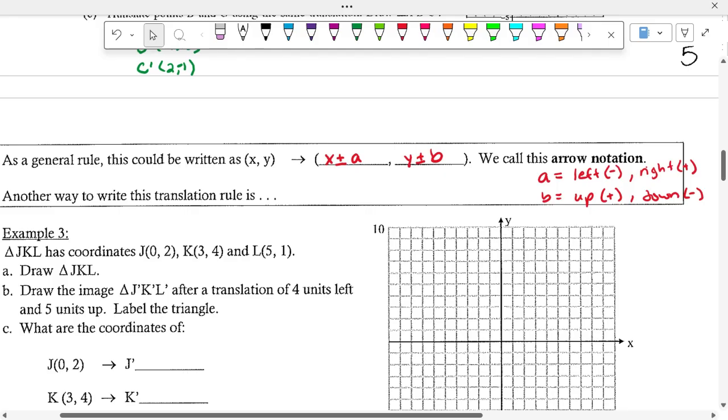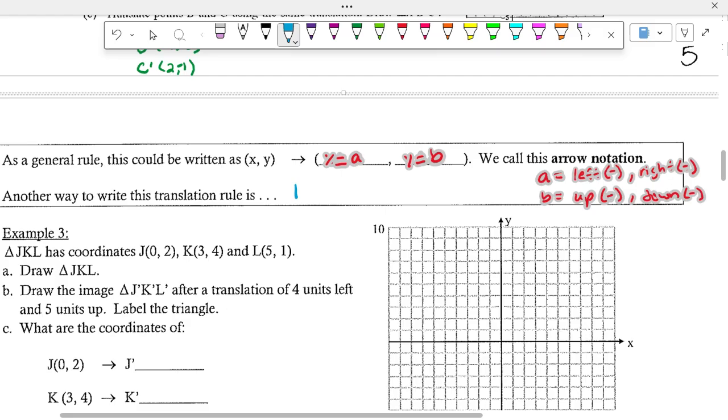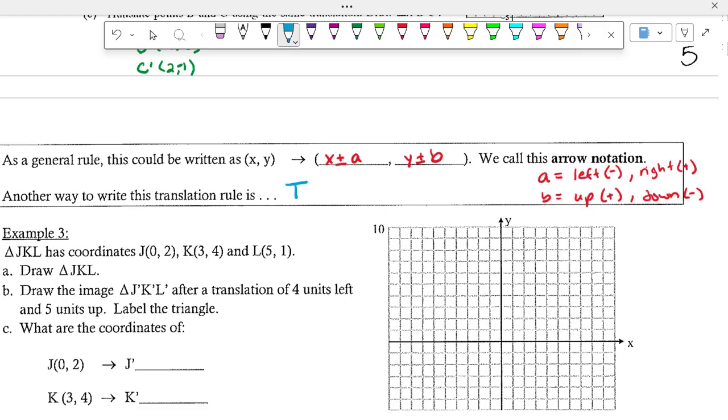Now, another way you can write the rule is what we call function notation, which is just a big T and then whatever we did up, down, left, right. So you can either see it as a, b, where a and b are the exact same things, or you can see it as big T with these little brackets, a, b.